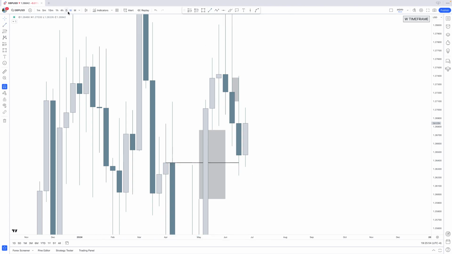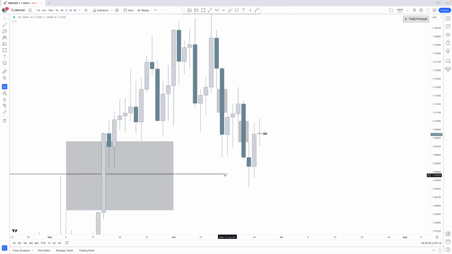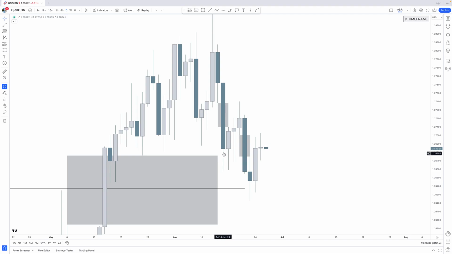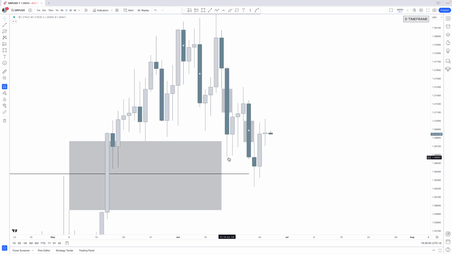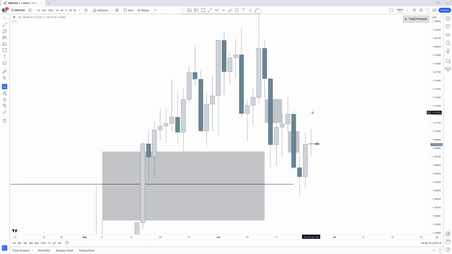And in both those scenarios, the weekly fair value gap and the weekly breaker are responsible for the retracement that gets created. In other words, we are respecting an opposing PD array right here, and whilst respecting those opposing PD arrays, we are retracing back into the premium arrays that we might want to see lower prices off of.